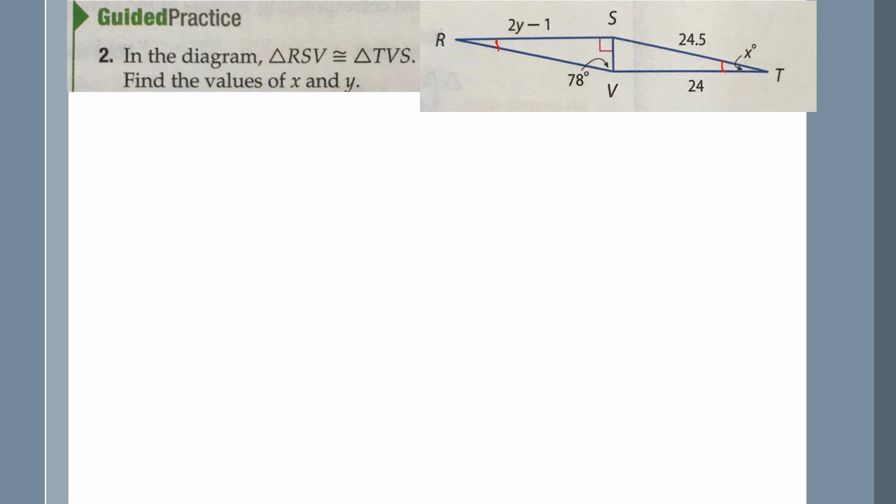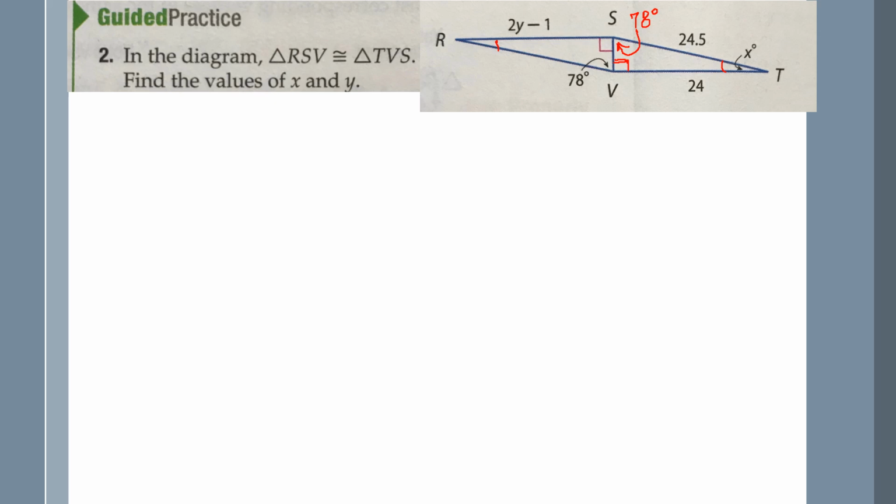Angle S, which is this 90-degree angle, matches up to angle V in this triangle. So this is going to be a right angle here. Angle V in this triangle matches up to this one here. So this one here is also 78 degrees. This is a tricky problem.